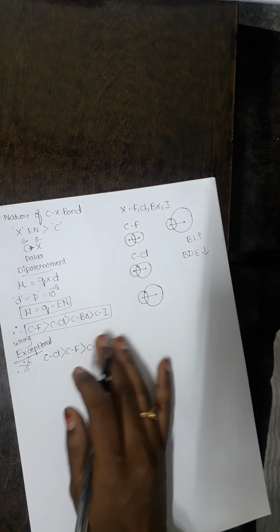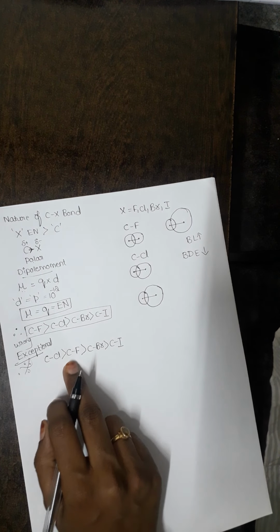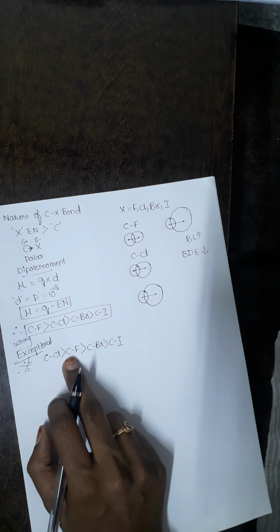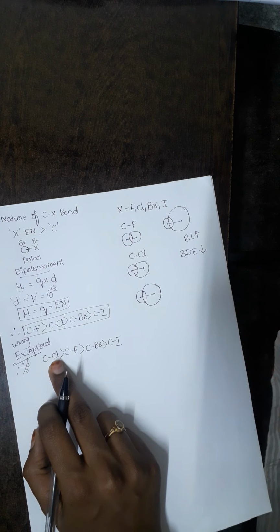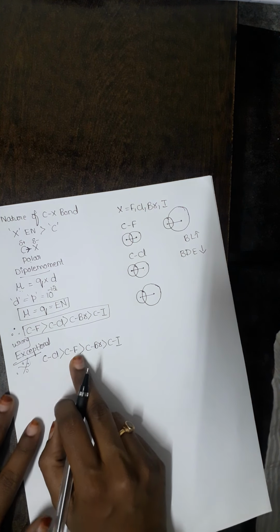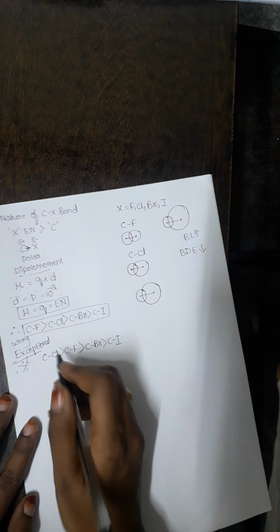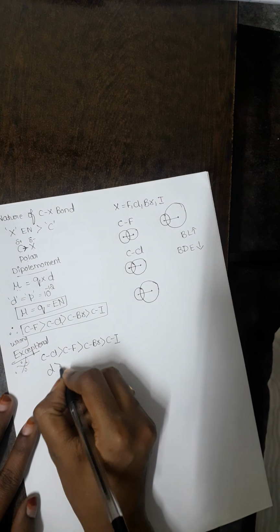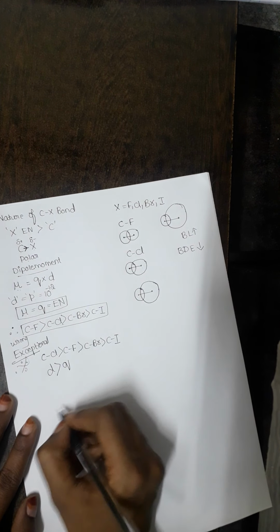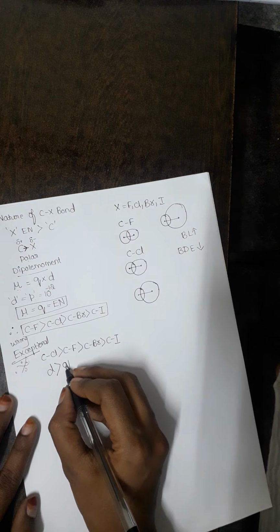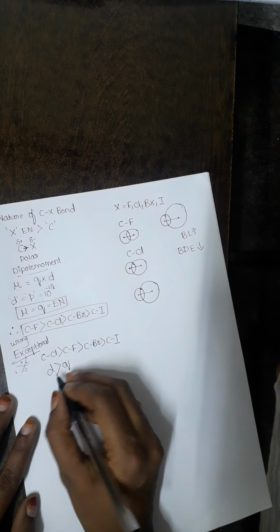So what is happening here? Why is there a variation with respect to C-F dipole moment and C-Cl dipole moment? In the case of C-F and C-Cl dipole moment, distance is dominating over the charge. Why is distance dominating?